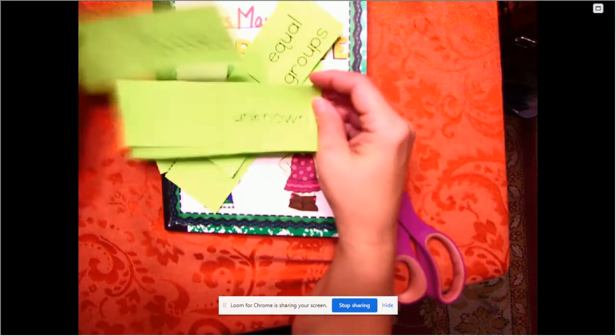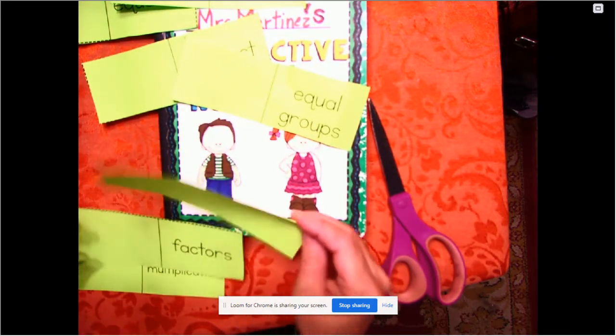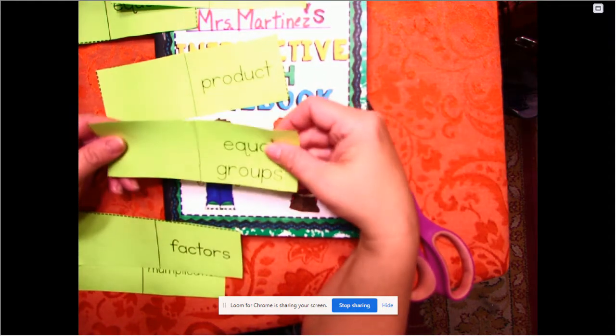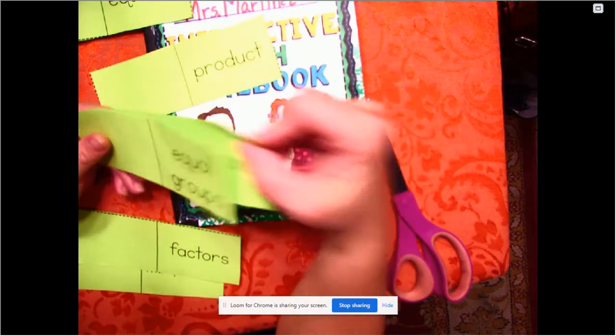So if you would put them in this order that I'm going to tell you, okay? We're going to take equal groups first. That'll be first. Then second is unknown.